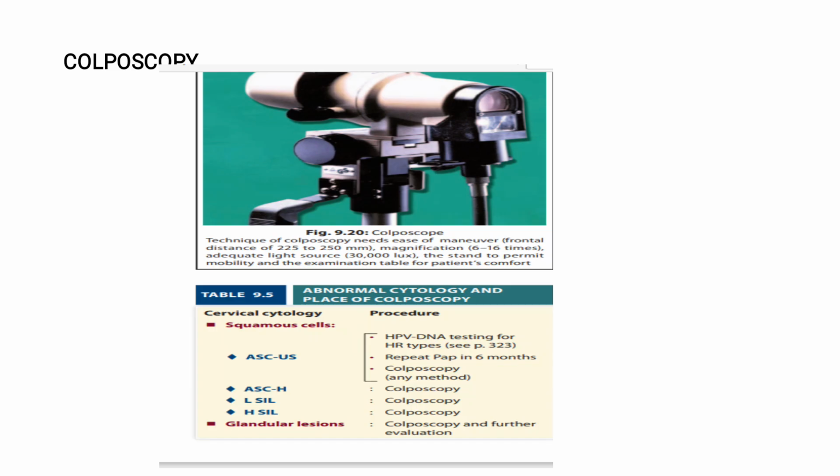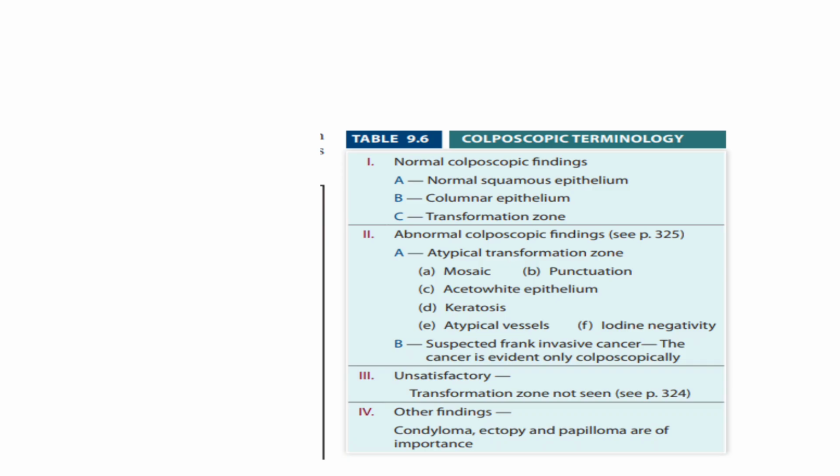Abnormal cytology and place of colposcopy. Cervical cytology, that is squamous cells. Procedures: HPV, HR types, repeat PAP in 6 months. Then colposcopy for ASC, LSIL, HSIL. So in glandular lesions also colposcopy can be done.